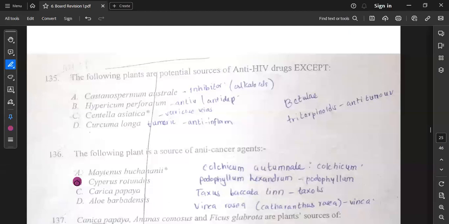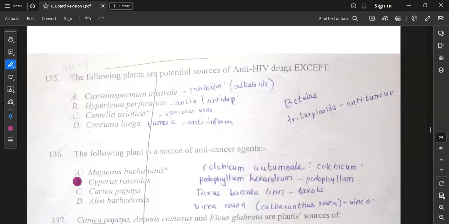So it's like an antiviral, antibacterial kind of thing. I have found somewhere that it's Carica papaya because it has beta coumarin and beta carotene. Yeah, that's from my notes.